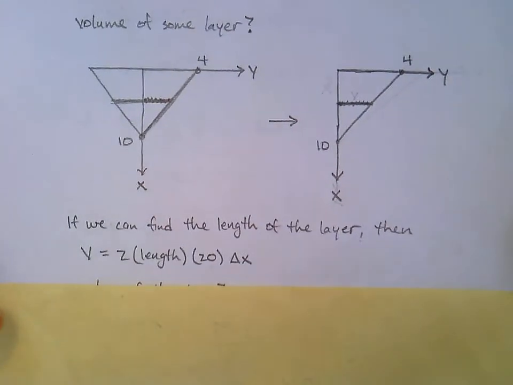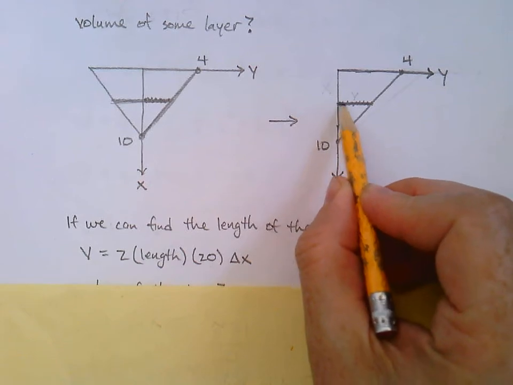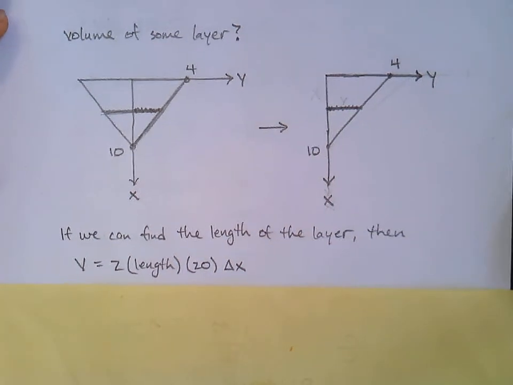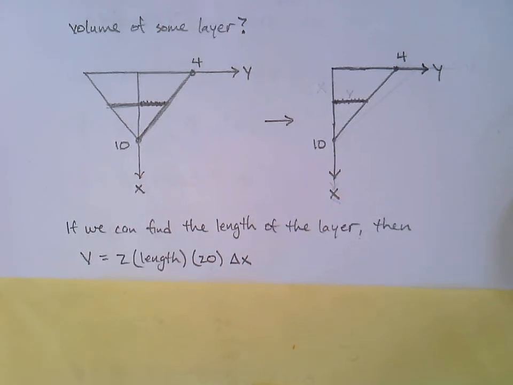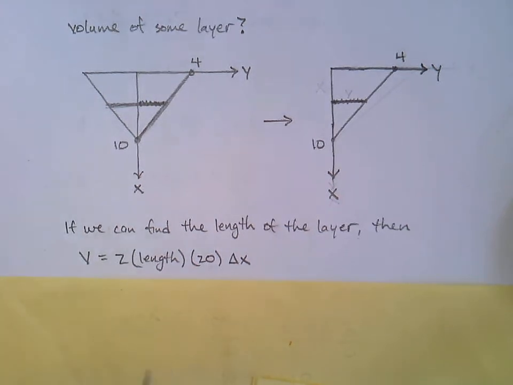And then we got to multiply it by delta x. Delta x is the thickness of our layer, and we're thinking of it as infinitesimal. Okay, so this is really like length times width times height or something, right, to get the volume.